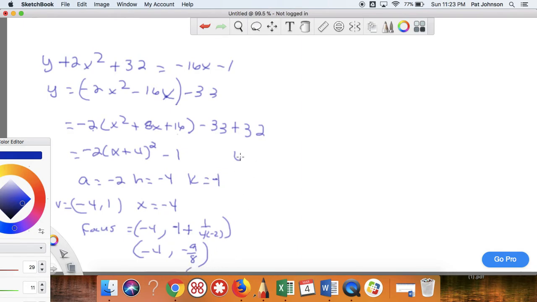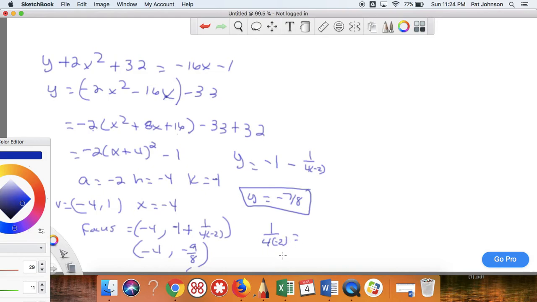Our directrix is going to be y equals k minus 1 over 4a, so it's negative 1 minus 1 over 4 times negative 2, which simply becomes y equals negative 7/8. Our latus rectum units is 1 over 4 times a, negative 2, or simply 1/2.